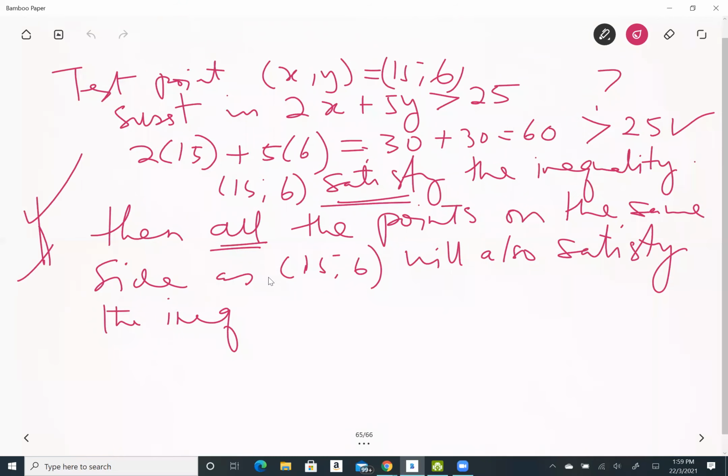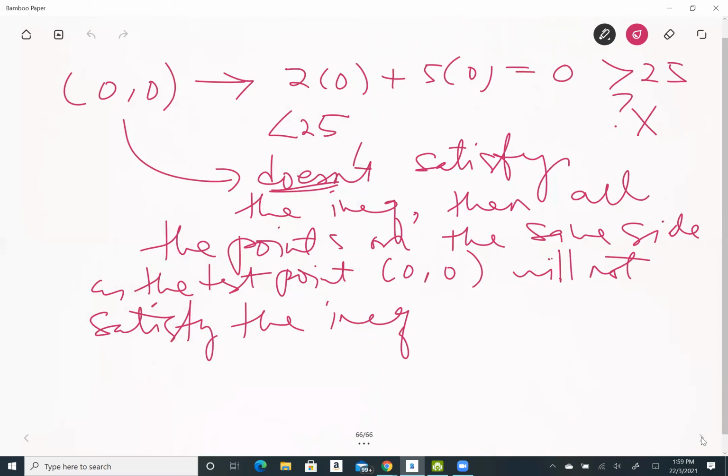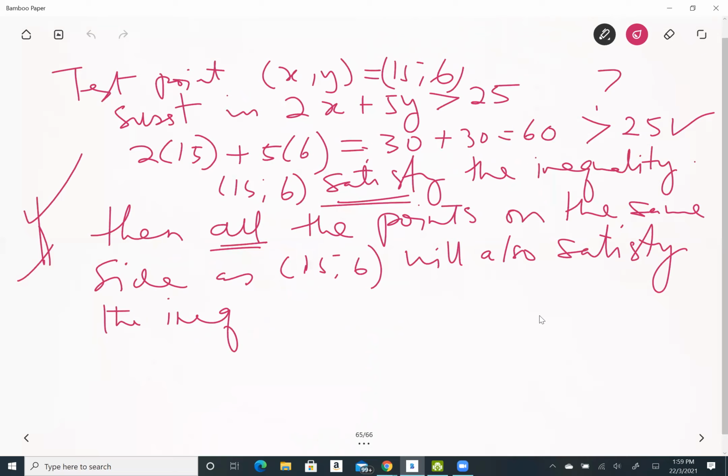So if that test point satisfies the inequality, then all the points on the same side as the test point will also satisfy the inequality.